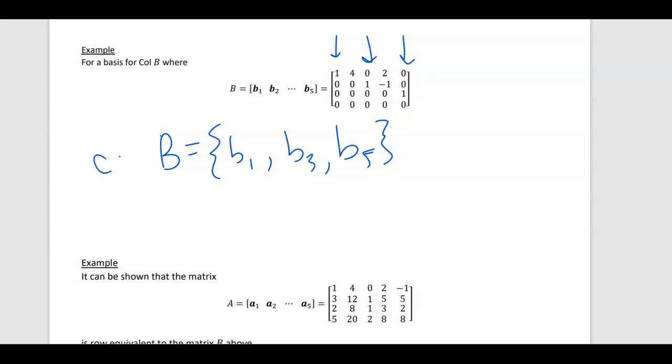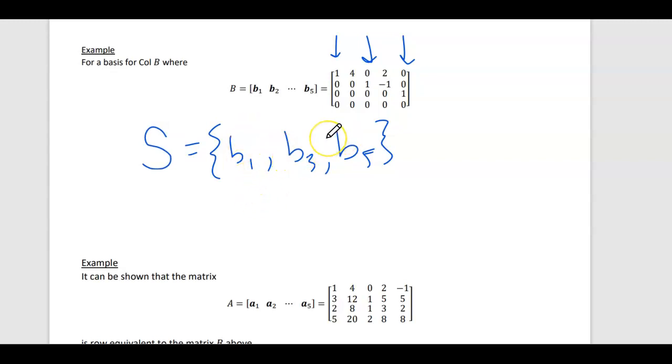Okay, we should actually call this the column space of B. I'm going to go back here. We're actually going to call this S, okay, because this is going to end up being our span.